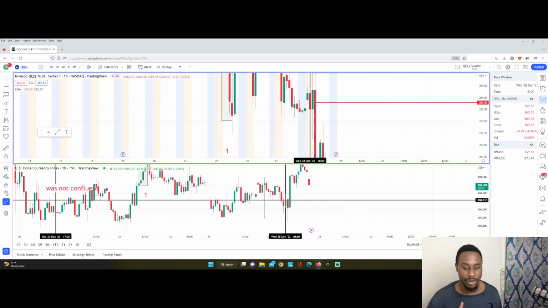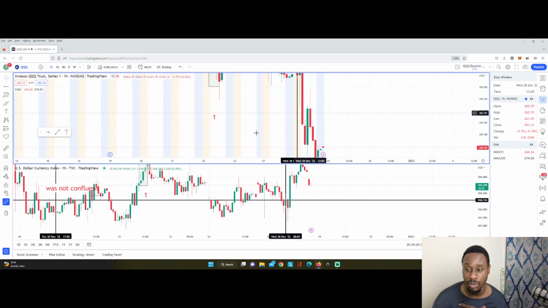I'm not sure if they're lagging, but I know that you can spot it more on the dollar, in my opinion. You can spot the move, and then from there you can get a violent move on the QQQ and even a continuation move. So you could have had a continuation move, set your stop loss here, and exit in profit. So that's how I probably would have played that.